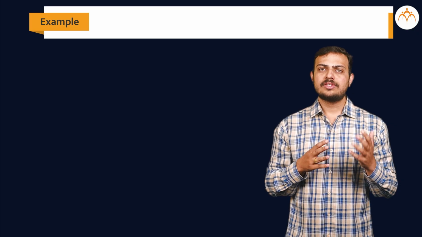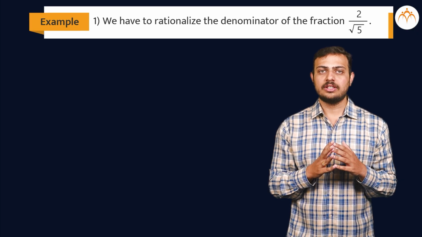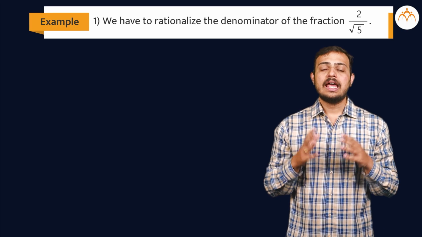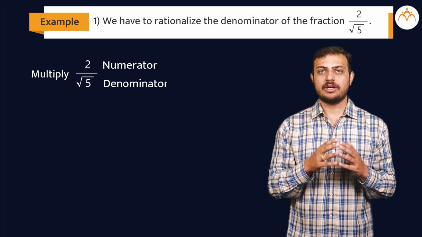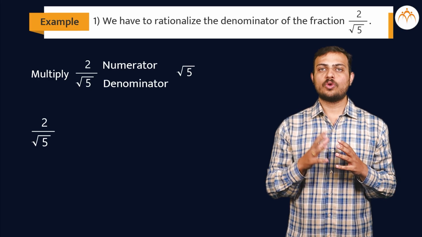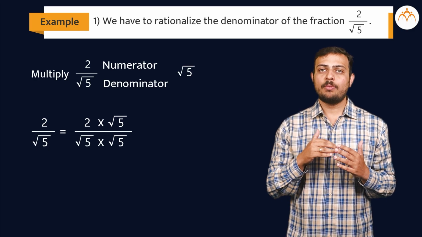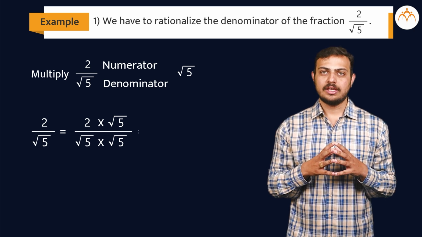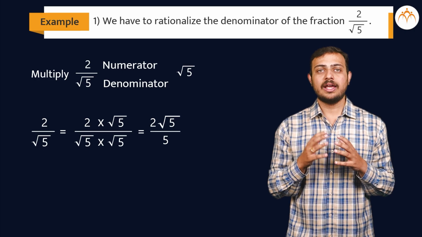Example: suppose we have to rationalize the denominator of the fraction 2 upon square root of 5. For this, let's multiply both the numerator and the denominator by square root of 5. 2 upon square root of 5 is equal to 2 into square root of 5 upon square root of 5 into square root of 5 is equal to 2 into square root of 5 upon 5.